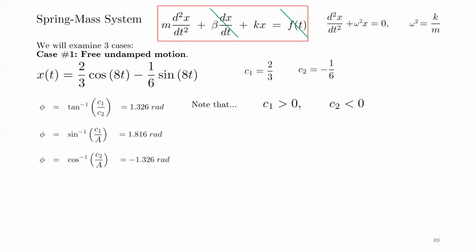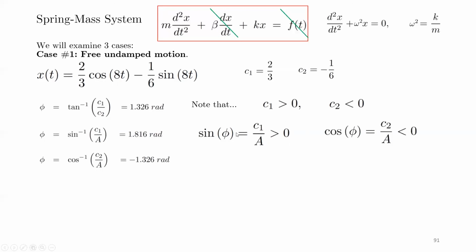Okay. So firstly, let's note that C1 is 2/3, positive, and C2 is minus 1/6, negative. Sine of phi is equal to C1 over A, where A is the amplitude, which is always positive. So if C1 is positive and A is positive, that means the sine of this angle phi has to be positive as well, because sine of phi equals the ratio of 2 positive things, so it must be greater than 0.